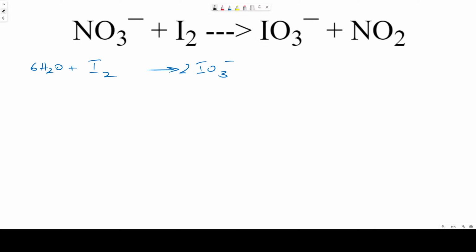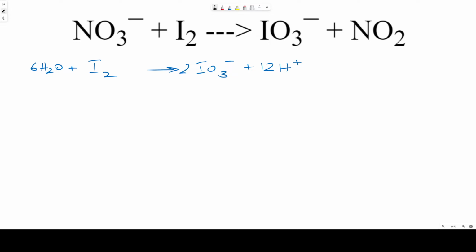Now you balance out all the hydrogens by using hydrogen ions. So there are 12 hydrogen ions on the left hand side because of my water. So I will be adding 12 hydrogen ions here on the right hand side, 12H plus. Lastly, you have to balance out any and all charges.